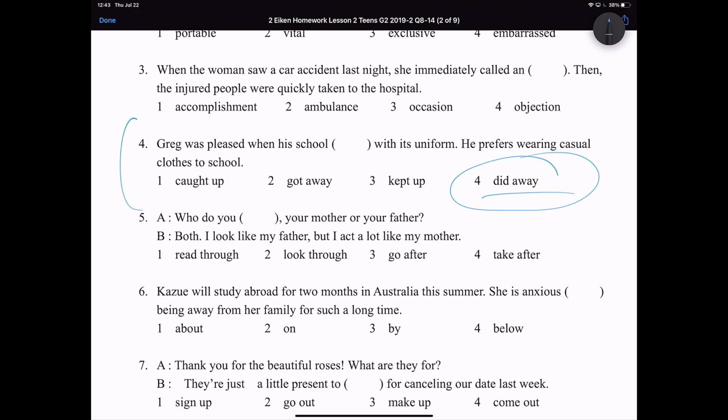And again, it's not going to work for them just to study vocabulary words, right? You're going to have to enhance their awareness of the fact that words cluster together and have meanings, have semantics that go beyond each individual word's semantics, right? In fact, did away, these are two grammatical morphemes that together become a lexical morpheme.